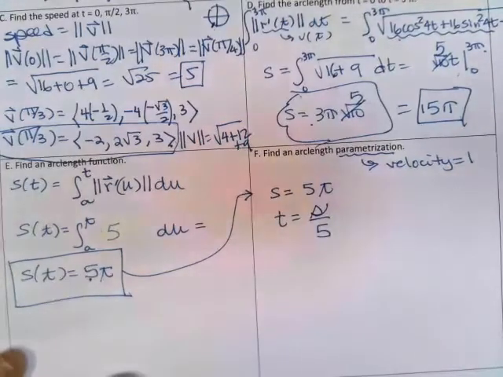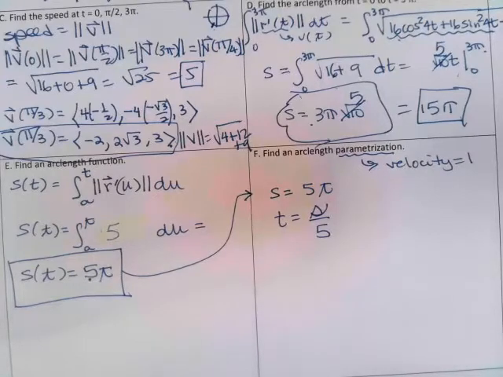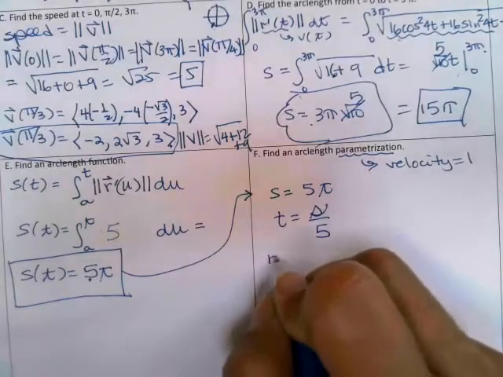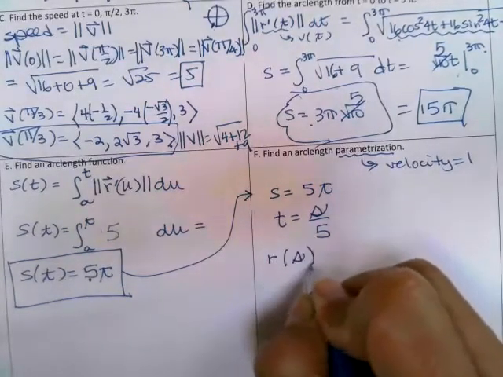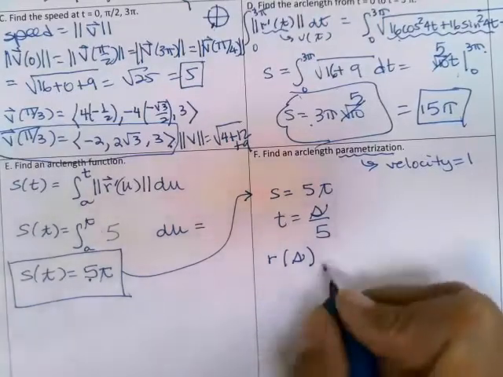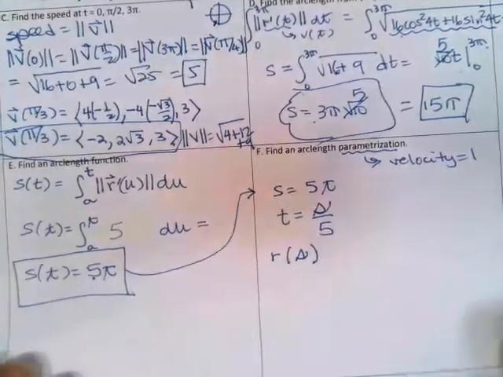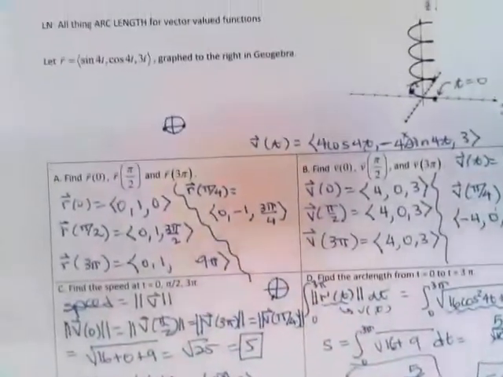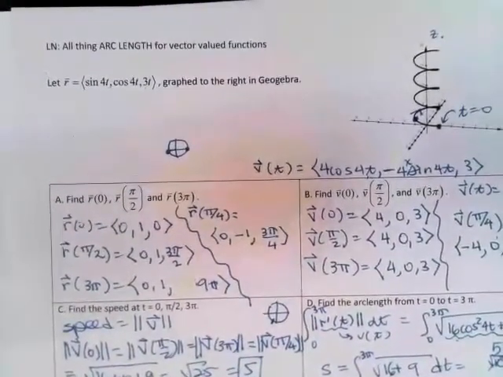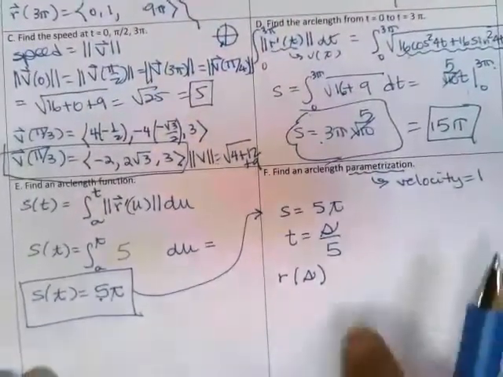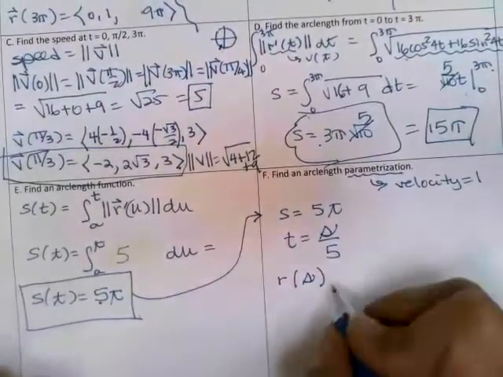So t equals s over 5. My s's are going to change to being cursive s's so they don't try to become 5s. And then the arc length parameterization is we just rewrite r as a function of s. I'm going to replace all of the t's way back up here in my r function with this expression that has s's in it.